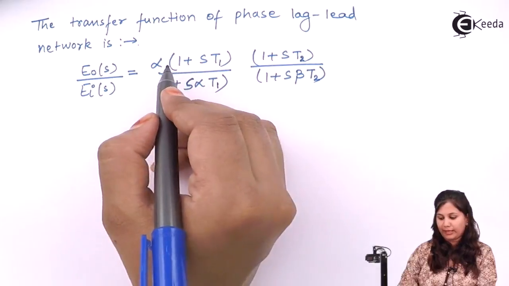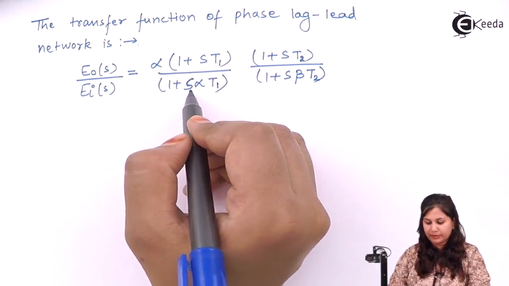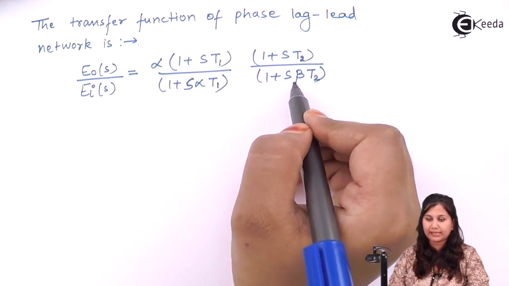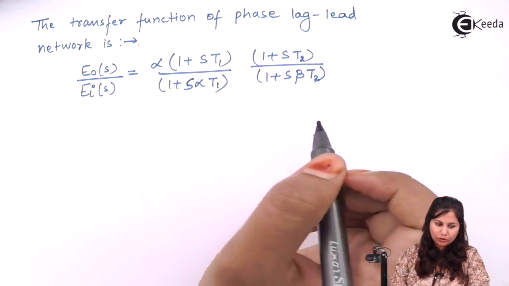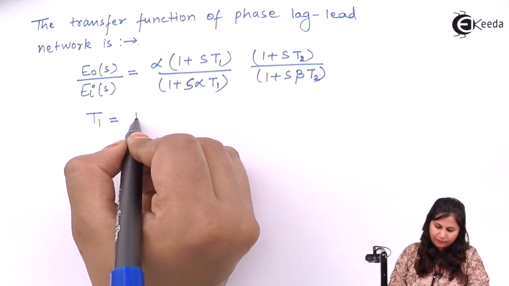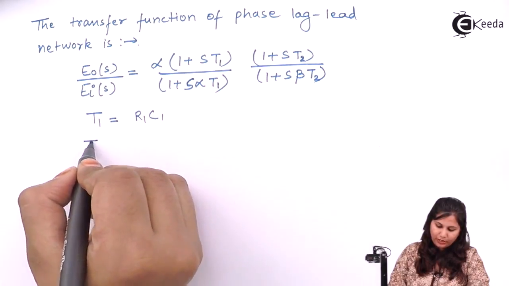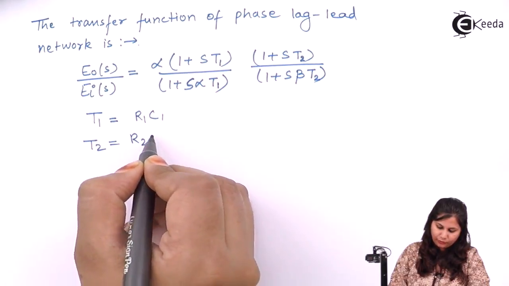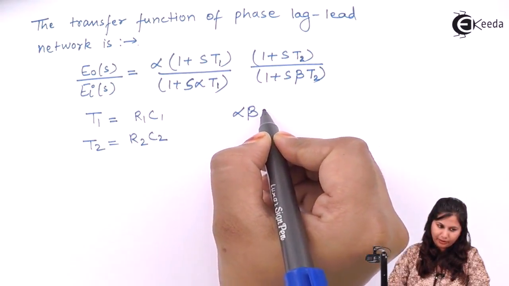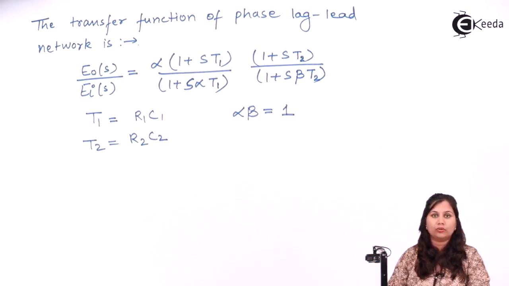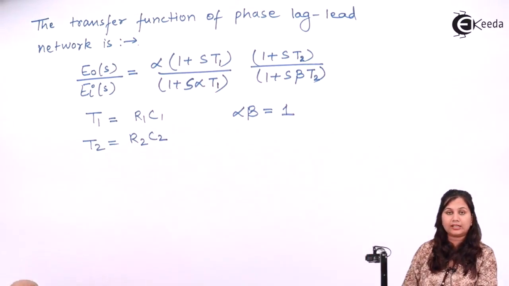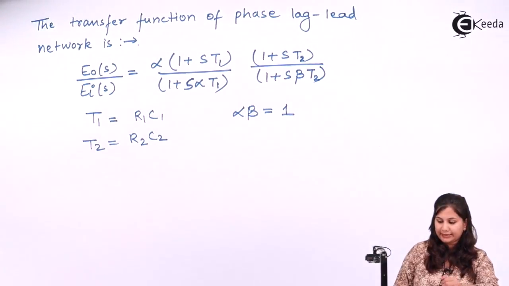So this is alpha (1 plus S T1) upon (1 plus S alpha T1), and here we have (1 plus S T2) upon (1 plus S beta T2). So this is the transfer function. Here we have T1 as R1 C1 and T2 as R2 C2, and the multiplication of the constants alpha and beta is equal to 1.